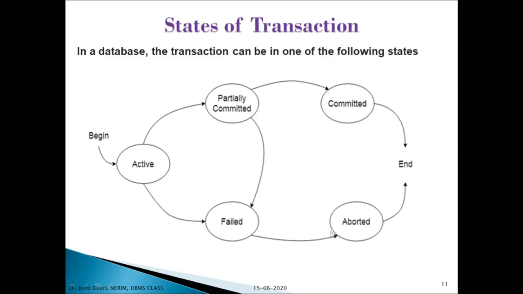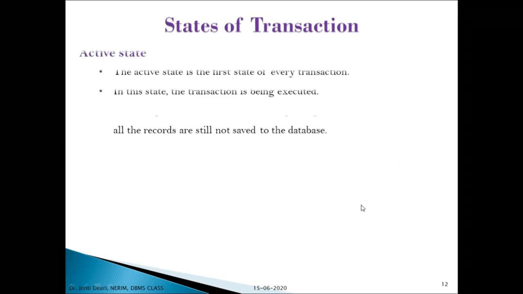After failure, we have to abort it. After abort, your program will end. After abort, you can go back and restart the transaction, or you can kill the transaction. So these 5 states are there: active, partially committed, committed, failed, aborted, right? These are the states of a transaction.